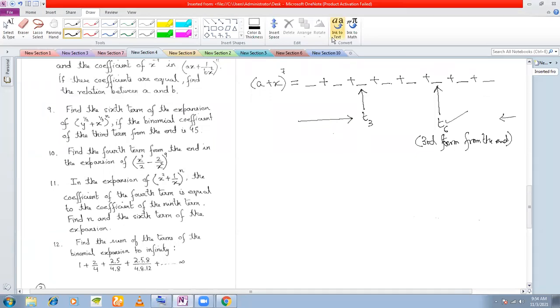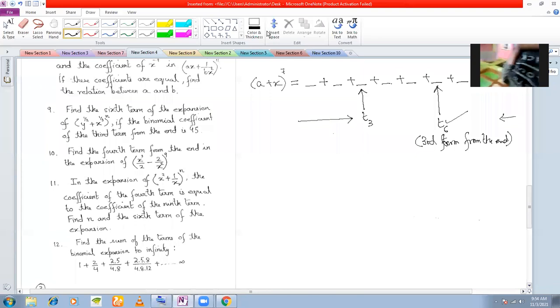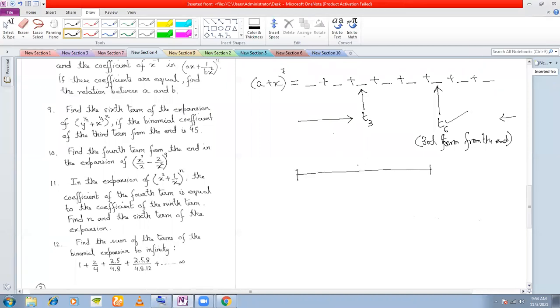Suppose a binomial expansion has n plus 1 terms in total.